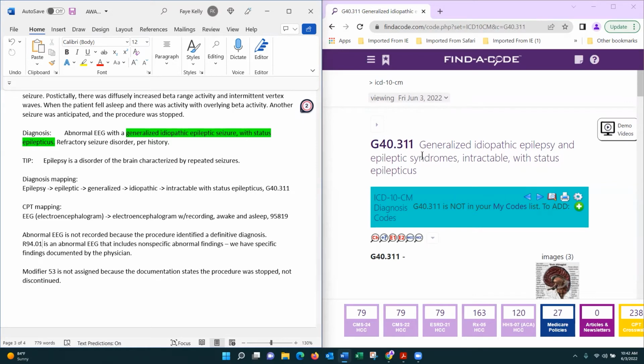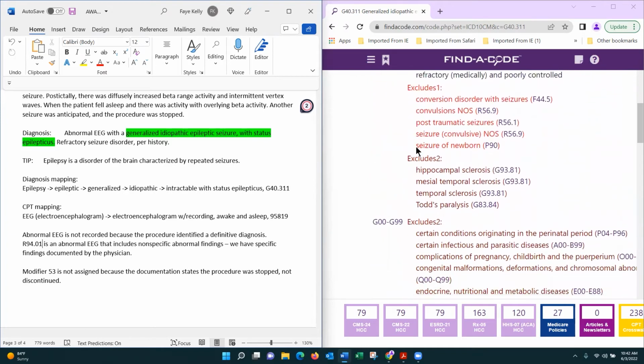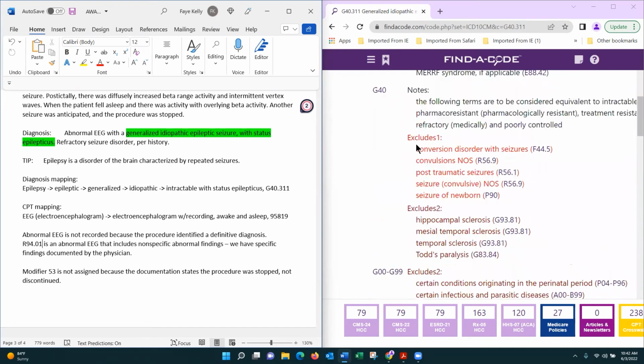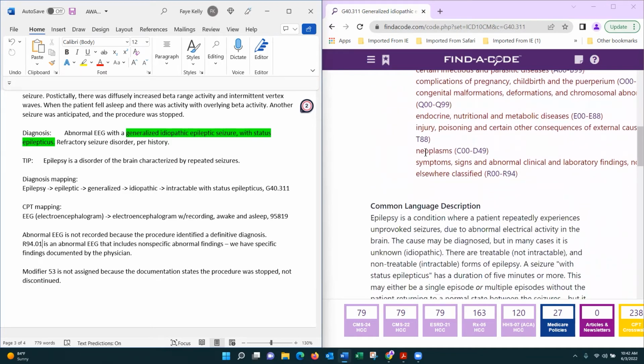Unless I come into the tabular at the code and it tells me to code also symptoms, and I don't have that at this code because I've scrolled all the way down, I have no instructions telling me to code also the symptoms. The abnormal EEG falls under the R, which is our symptom codes, correct?